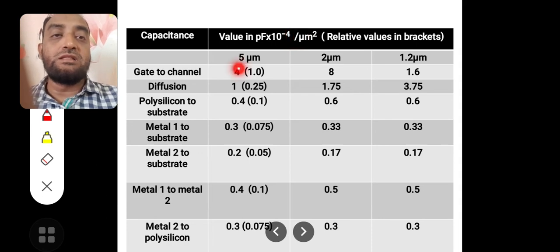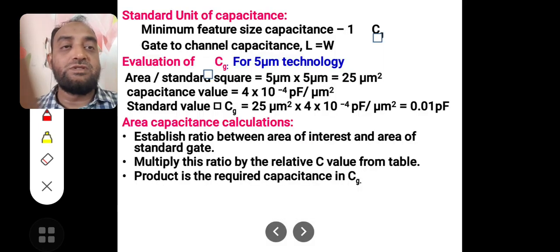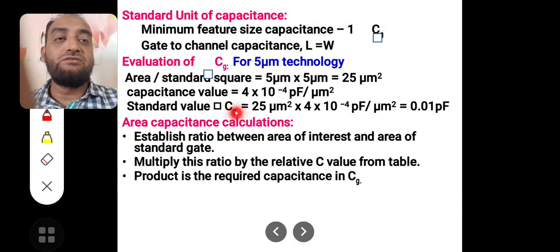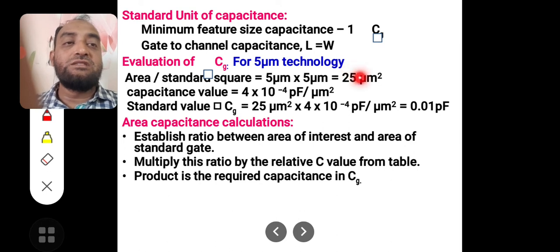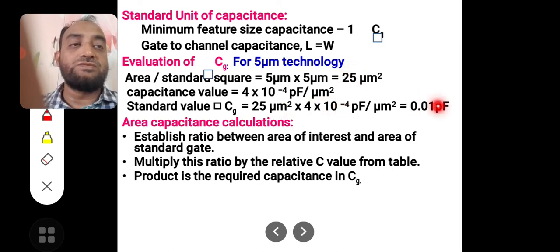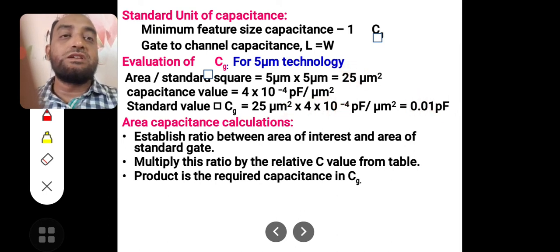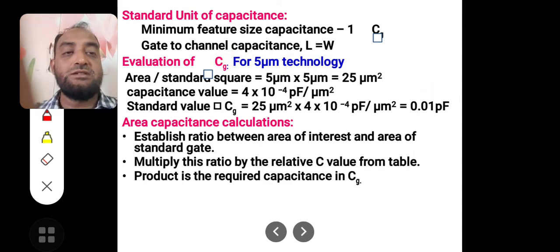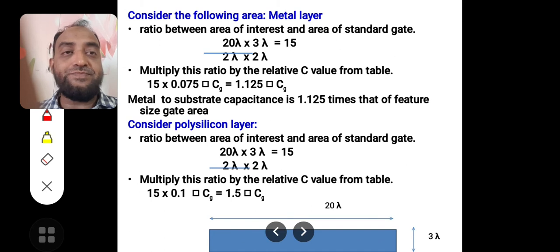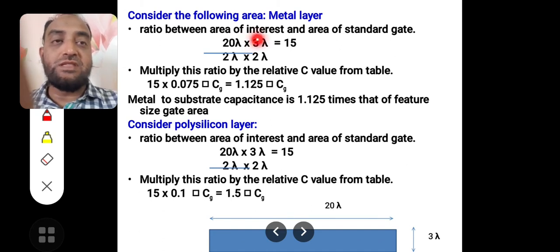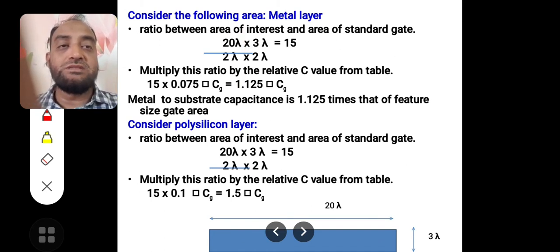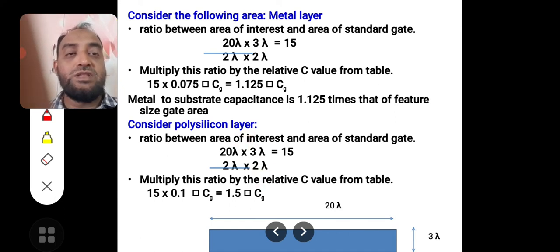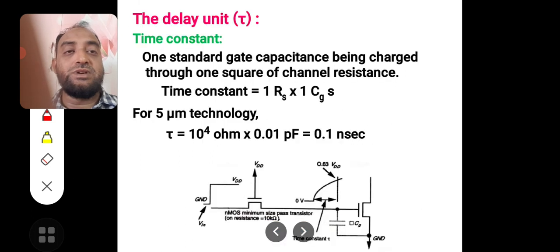So gate to channel is 4 × 10^-4. Now convert it to the square. The area times the capacitance gives you the gate Cg of this technology. This is how we calculate for every dimension. We can calculate the capacitances by considering the dimensions of different layers.